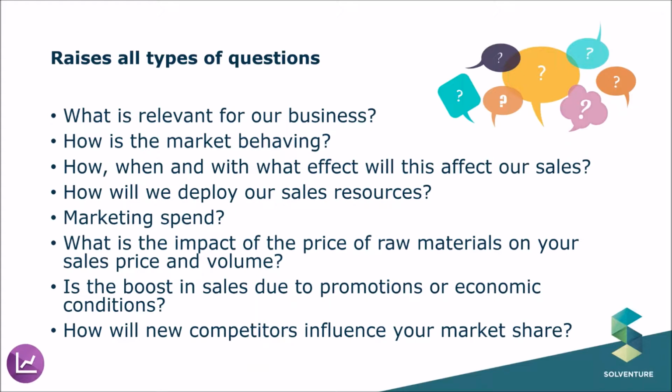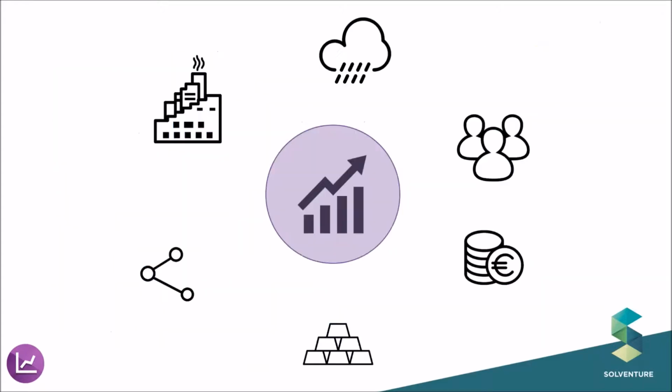So it raises a lot of questions, and you feel that if you would have the information and if you would really be able to connect that information to your sales, you would be very much supported in making better decisions.